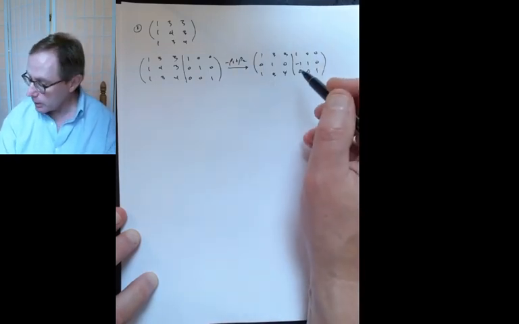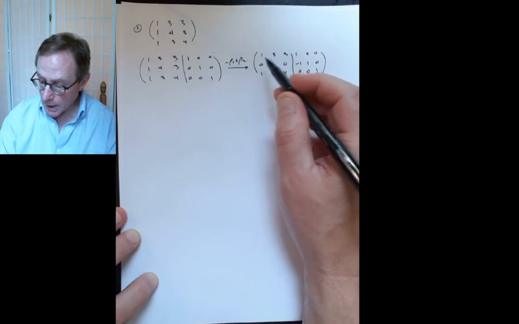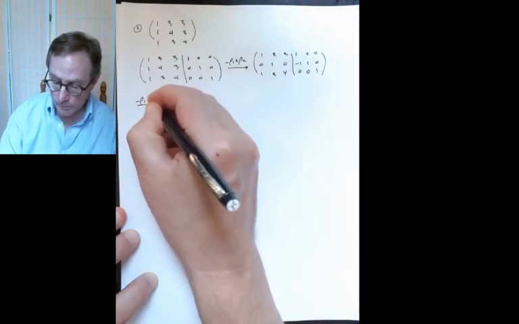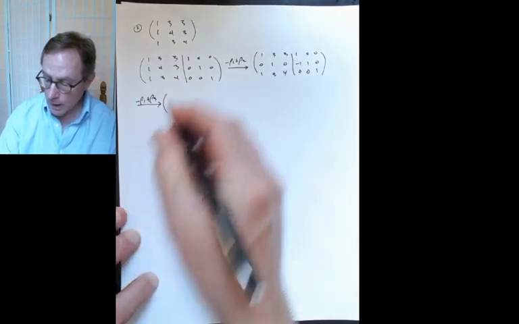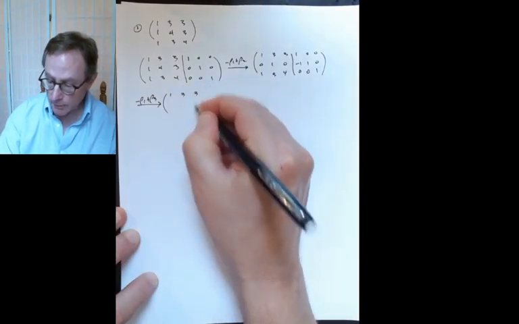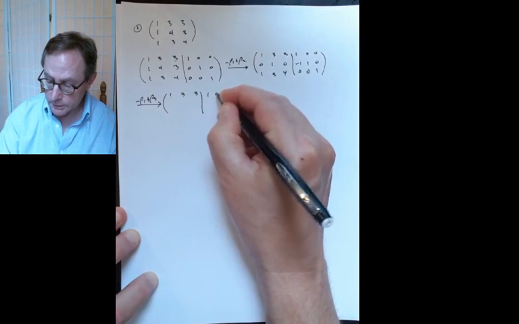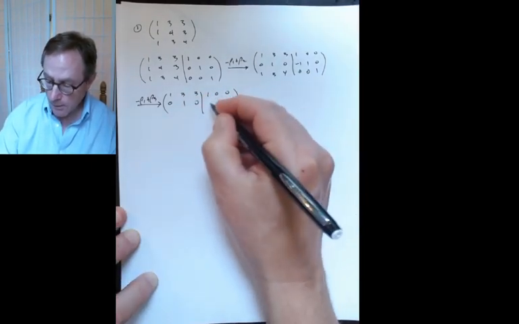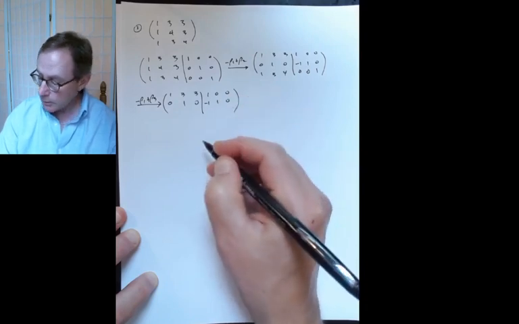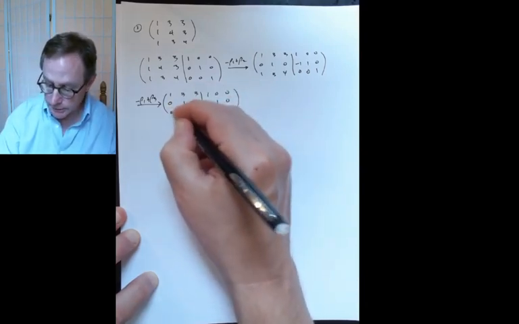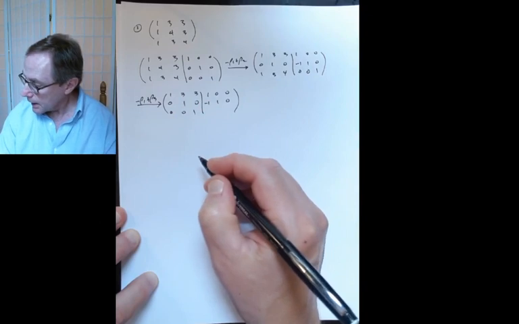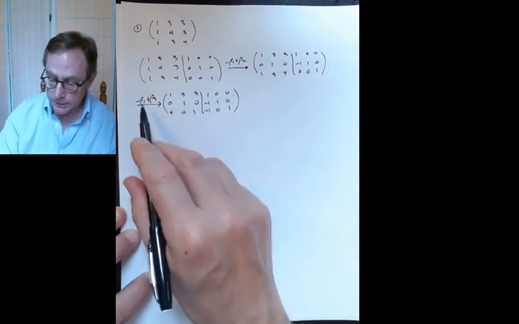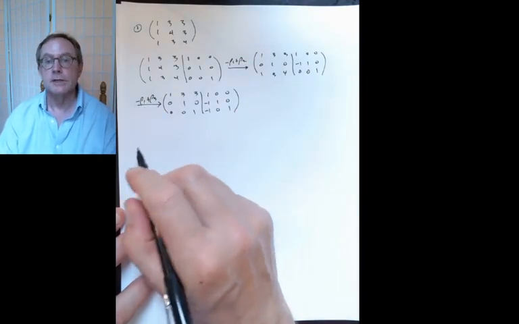So now I will take minus row 1, add to row 3. And that gives me 1, 3, 3, 1, 0, 0, 0, 1, 0, minus 1, 1, 0. Those, of course, are the unchanged rows. And then 0, 0, 1, and minus 1, 0, 1.